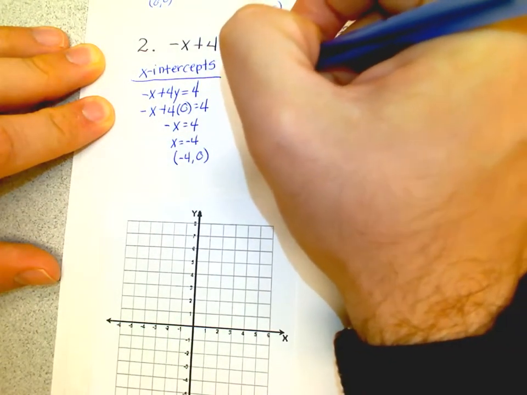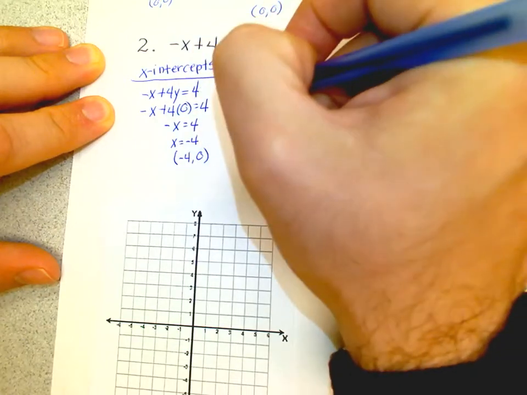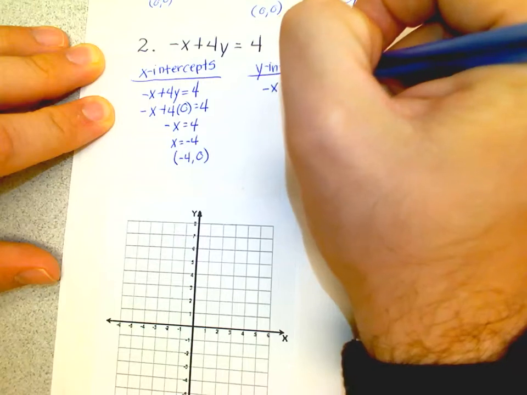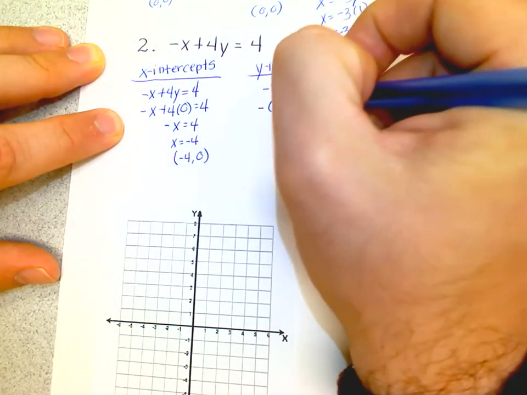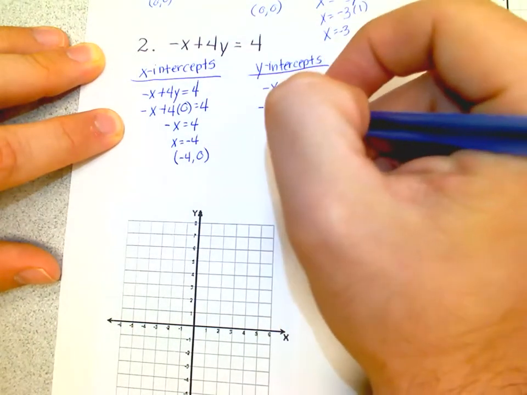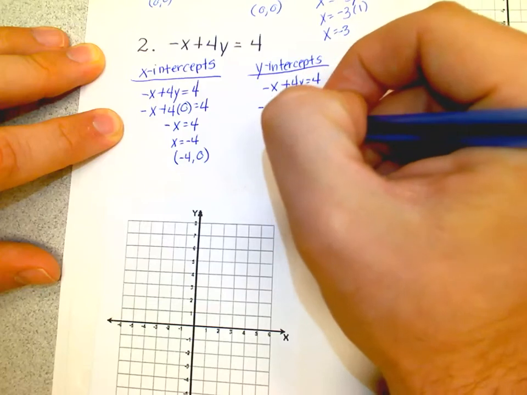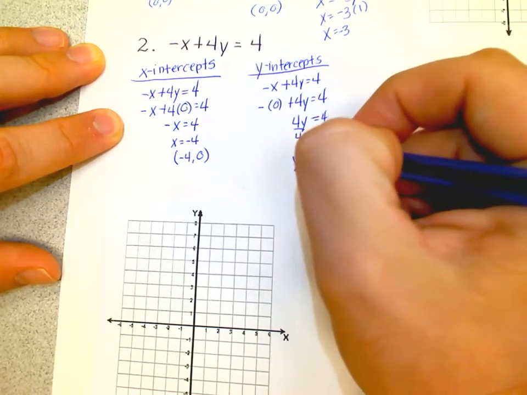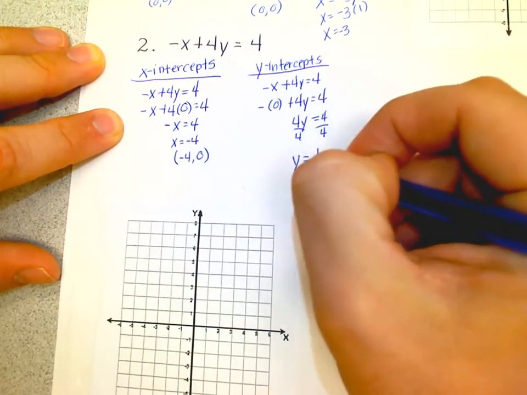For y-intercepts, take our equation, negative x plus 4y equals 4, plug a 0 in for x, and solve for y. So this is going to go to 0. We have 4y equals 4. Divide by 4 on both sides to get y by itself. We have y equals 1. That becomes point 0, 1.